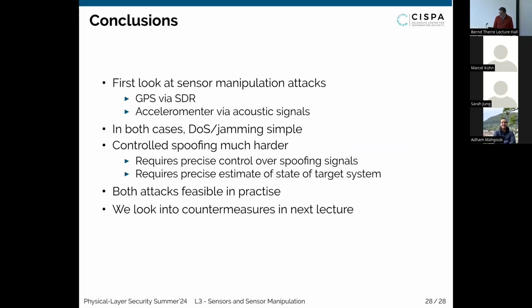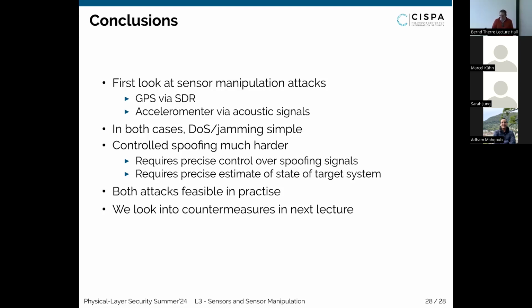So for now, let me just conclude here for today. In addition to catching up on last lecture's slides a little bit and having nice discussions with you, we looked in particular at GPS. I introduced how GPS works in general, and I tried to convince you that GPS manipulation attacks are at least theoretically quite easy to do, and in practice we can also do them.